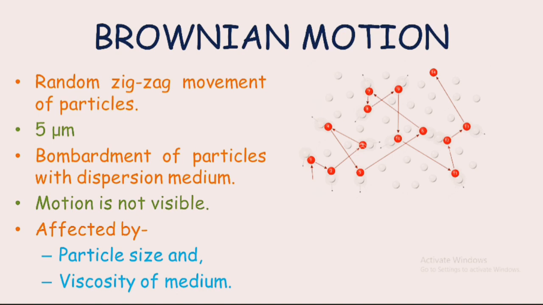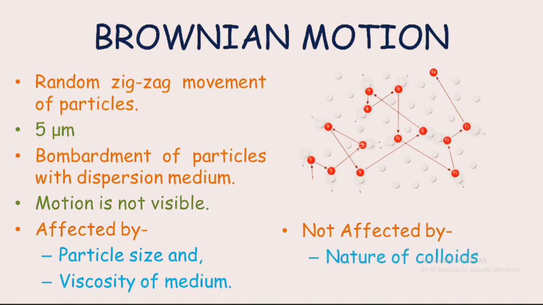Thus, increasing the viscosity of the medium, which may be accomplished by addition of glycerine or a similar agent, decreases and finally stops the Brownian motion. But it remains unaffected by the nature of the colloid involved.